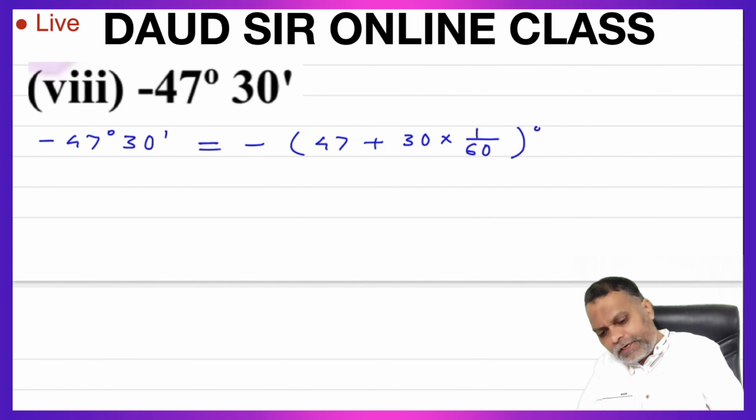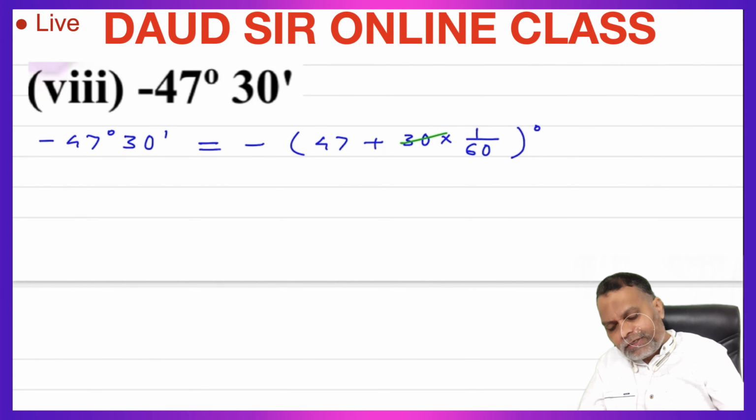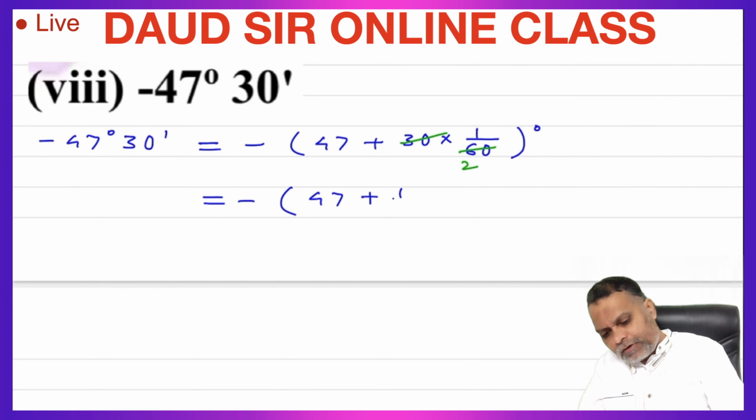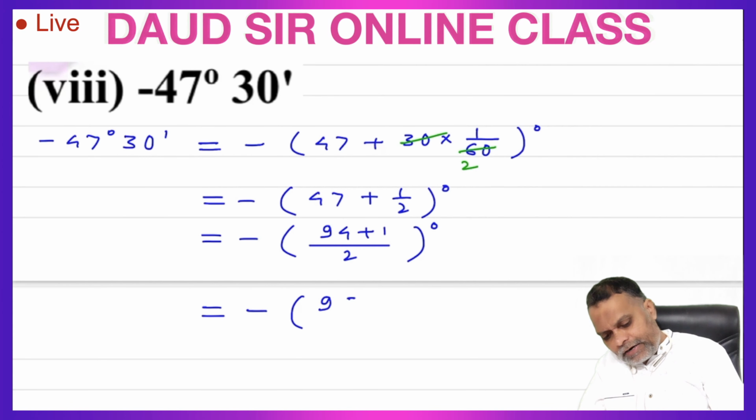This is complete degree. 30 1s are 30, 30 2s are 60, which is equal to minus 47 plus 1 upon 2 degree. Take LCM, LCM 2. 47 2s are 94 plus 1 degree, which is equal to minus 95 upon 2 degree.